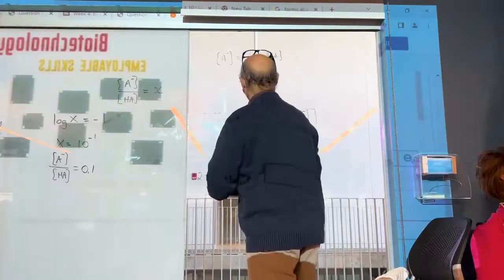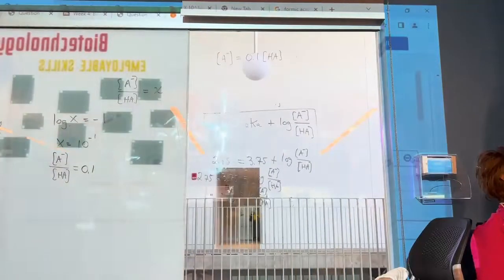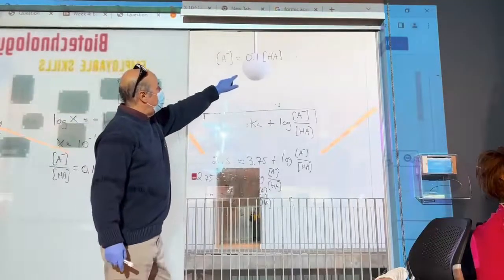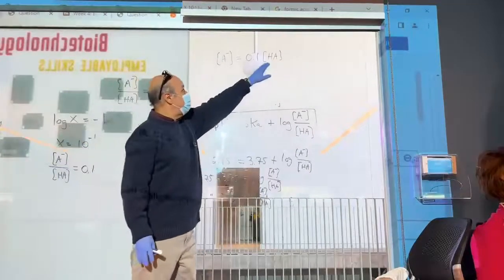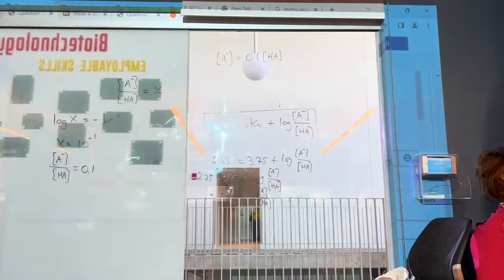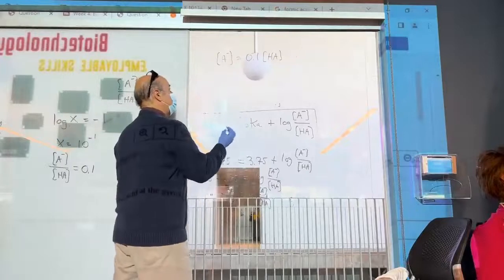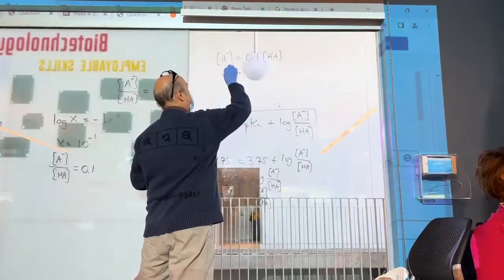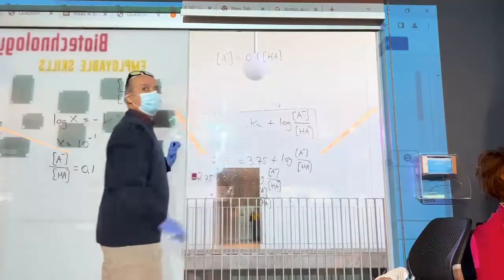Now think about that for a second, and let's take arbitrary values. If I assign a value of 10 to that, arbitrarily, what is A minus? 10 times 0.1 is what? 1. So what I want you to realize is that this is 10 times smaller than that at that pH.